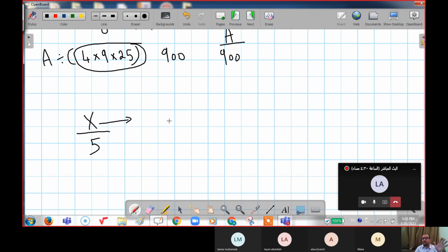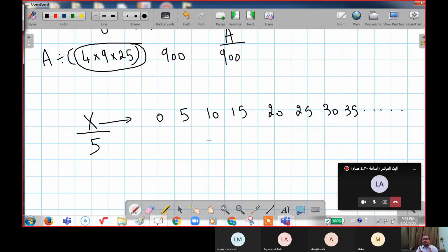The multiples of 5: 0, 5, 10, 15, 20, 25, 30, 35. Each one of them: 0 divided by 5 is 0, 5 divided by 5 is 1, 10 divided by 5 is 2, 15 divided by 5 is 3, 20 divided by 5 is 4.